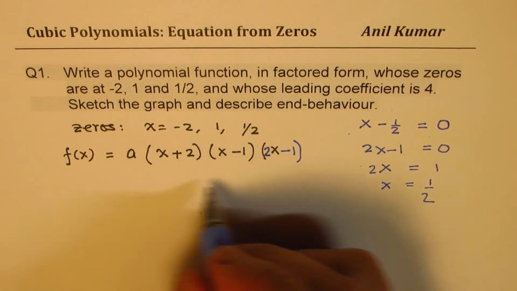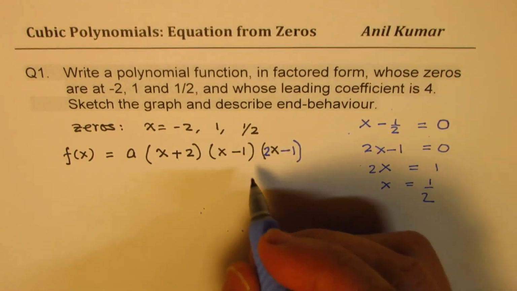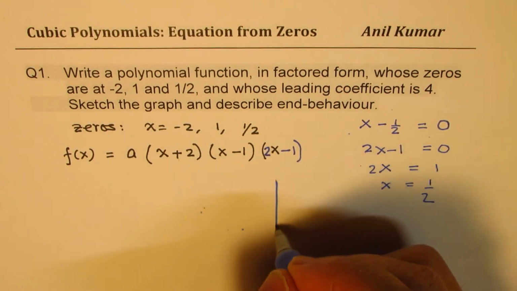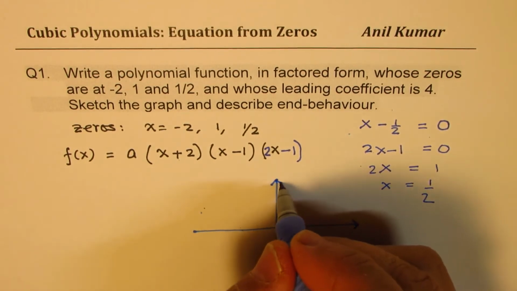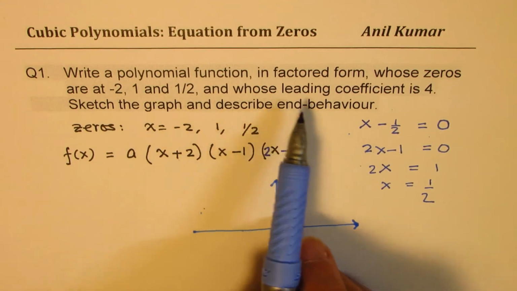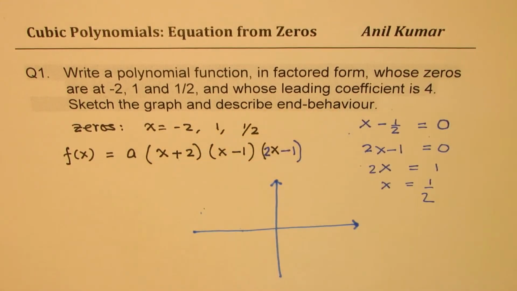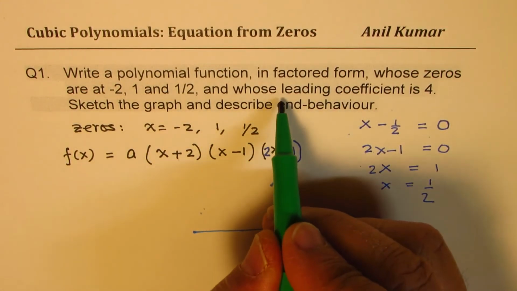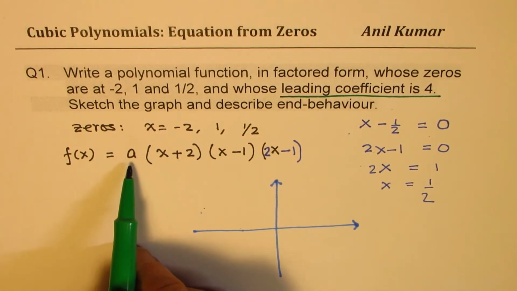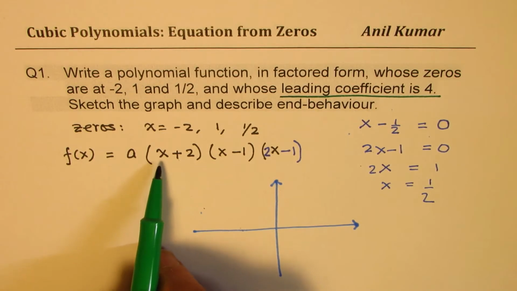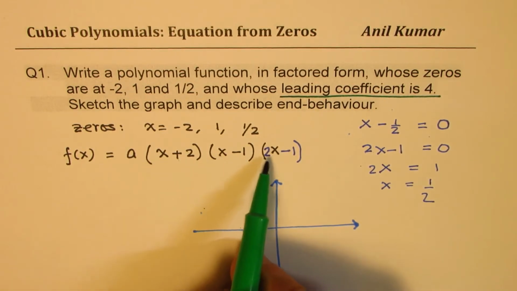Let's try to sketch this particular function. If you sketch this function, then there are two possibilities. Well, we are also given leading coefficient of 4. Let's figure out how to get 4 here, right? So if I multiply x, x and 2x, I already have 2x, right?